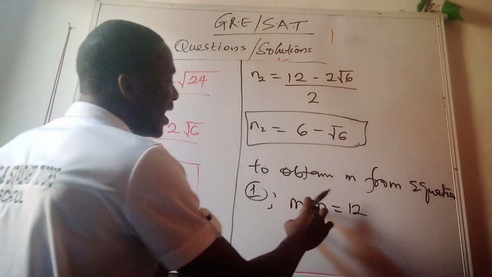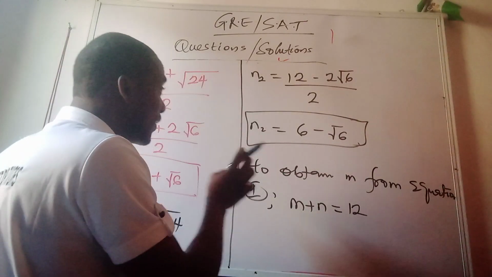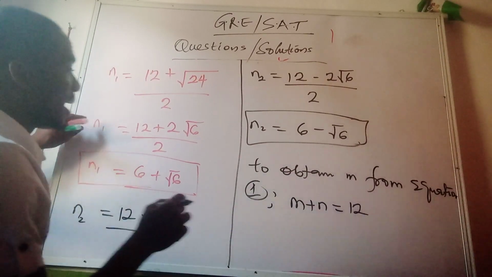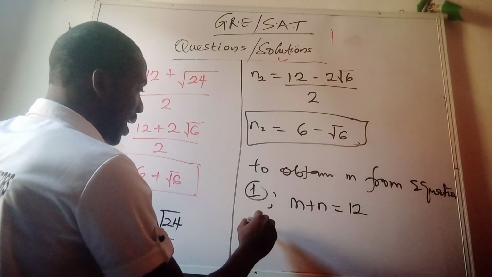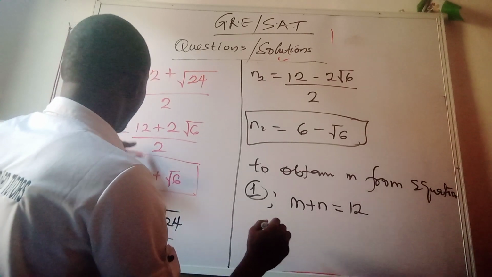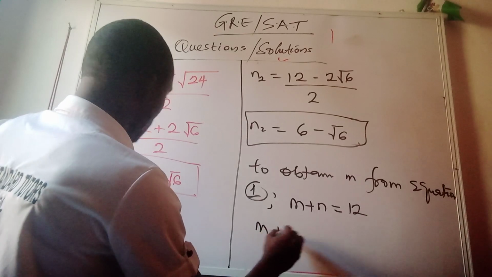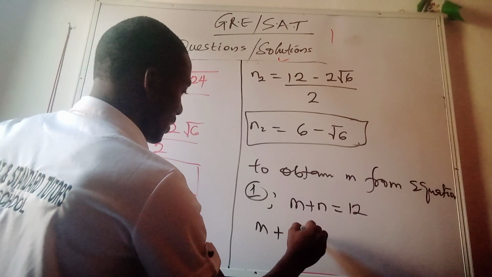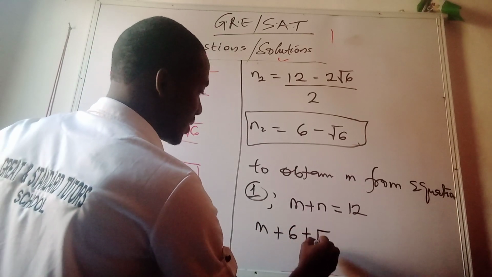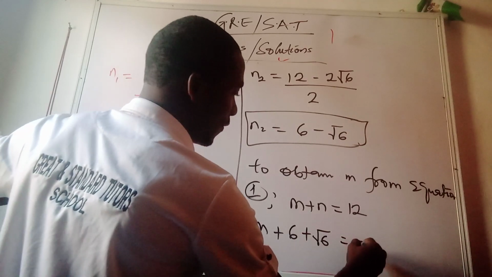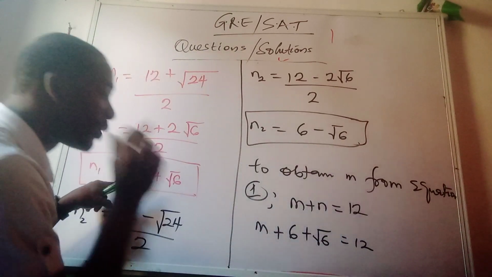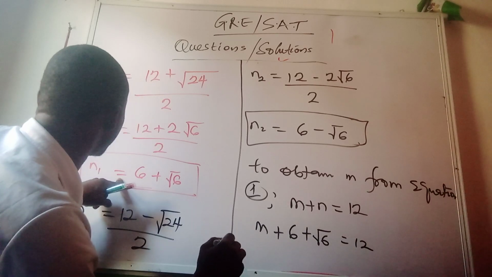But I have my n. I want to use the first n, n1, now. I'm going to have m plus 6 plus root 6 is equal to 12. I've substituted the value of n when n is positive.